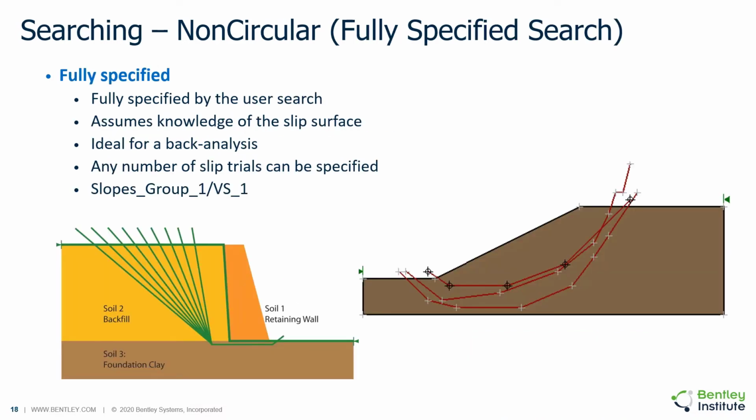A slip surface can be fully specified by the end user, which is often ideal when doing back analysis of a known failure where certain key points of the slip surface are known. A number of slip surfaces that are specified can be tried in the same model run.